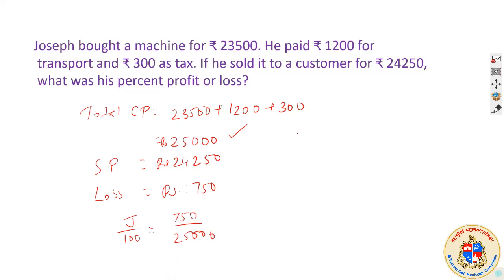Okay, we have to solve this. The percent of loss, J upon 100, is equal to 750 into 100 upon 25,000. Cancel this by tens. You can also cancel this. It's easily cancelable. 3% is his loss.